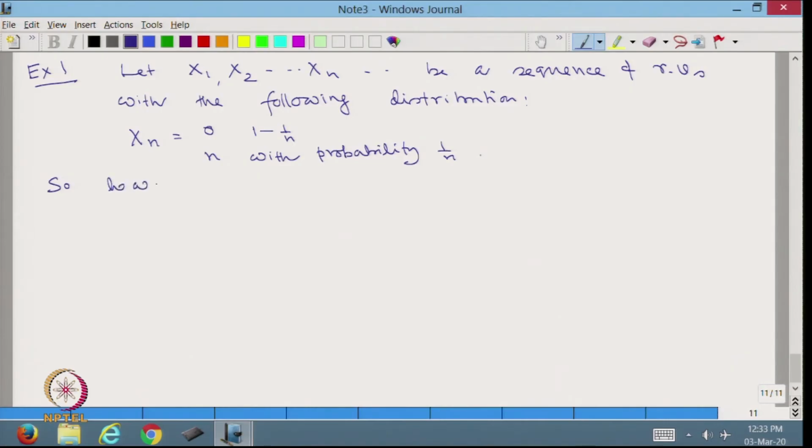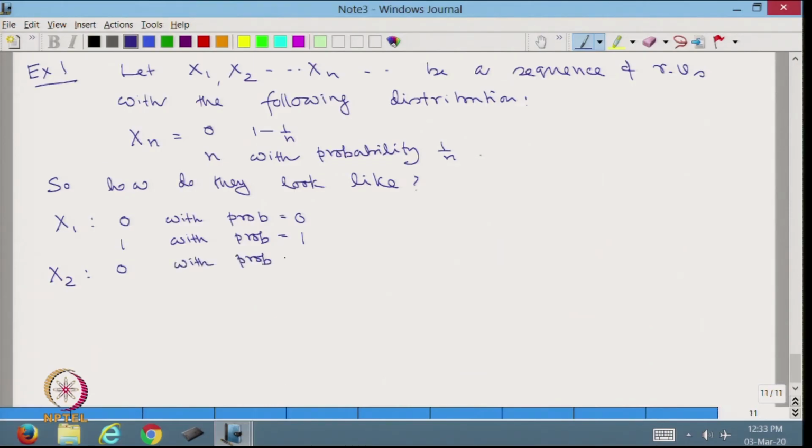So, how do they look? X1 takes the value 0 with probability 0, and 1 with probability 1. X2 takes 0 with probability half, and it takes the value 2 with probability half.